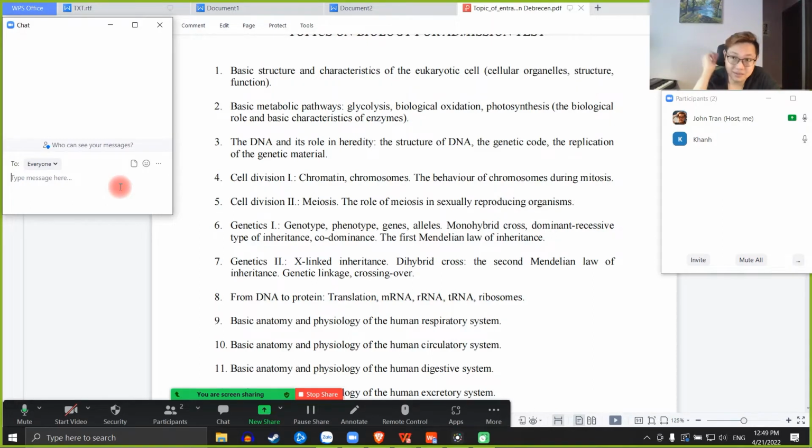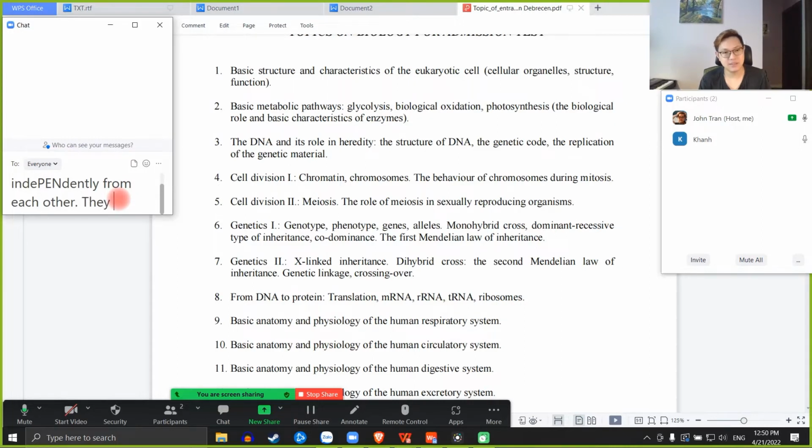So basically the alleles segregate independently from each other.